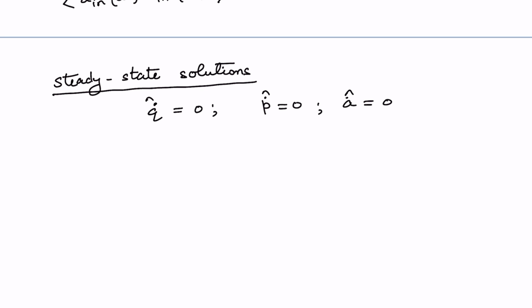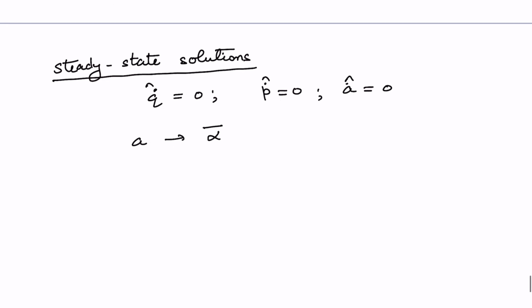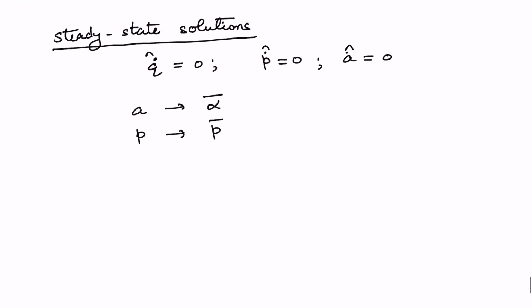We denote the steady state solution for the mode a as alpha bar, for p as p bar, and for q as q bar.